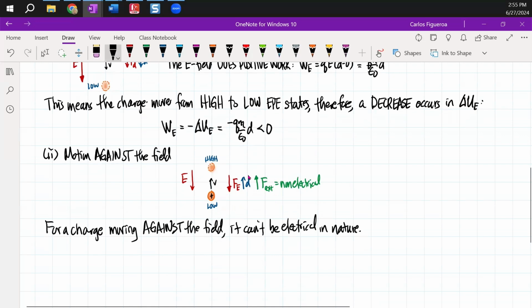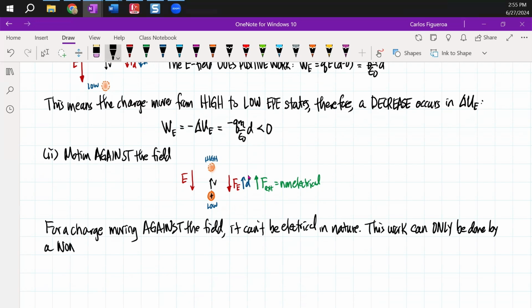So then we say that this work can only be done by a non-electrical force.